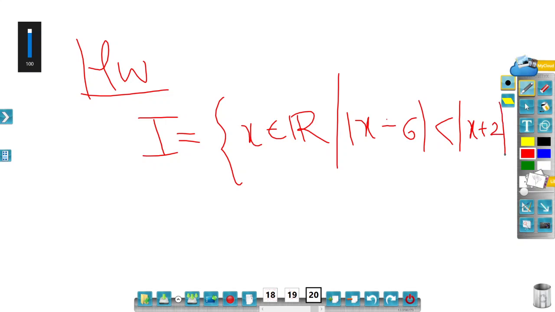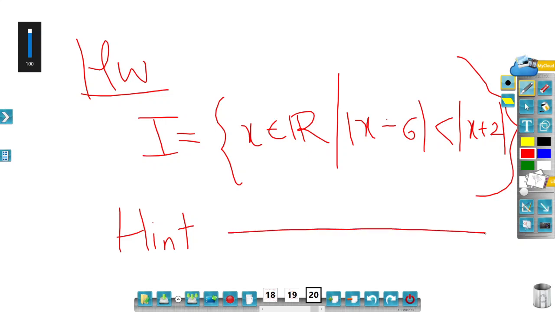So you have to analyze these three cases. The hint could be: we can think about the real numbers 6 and minus 2, and there will be three cases: if x is less than minus 2, x is between minus 2 and 6, and if x is above 6.